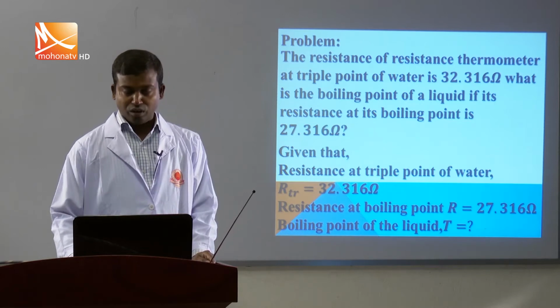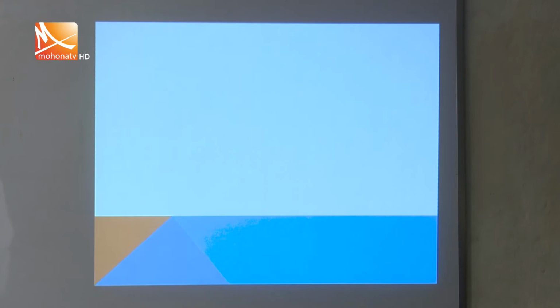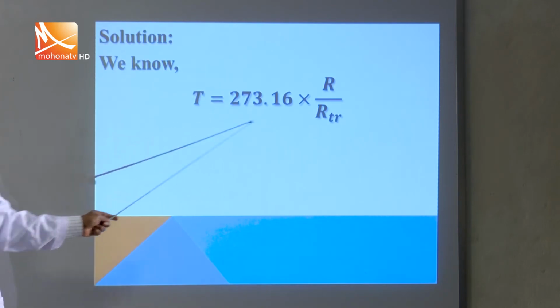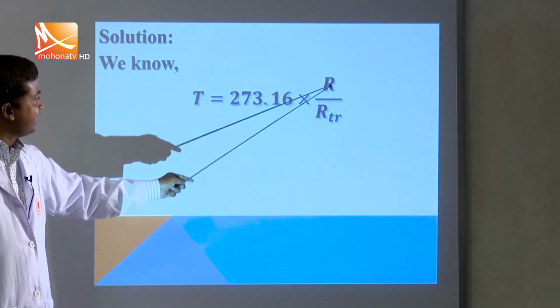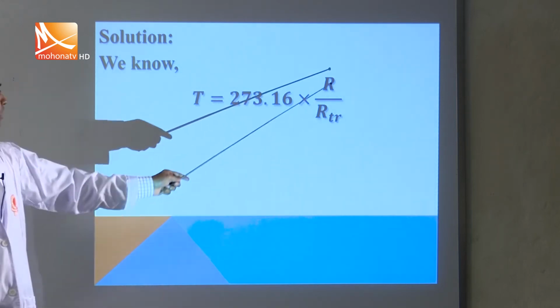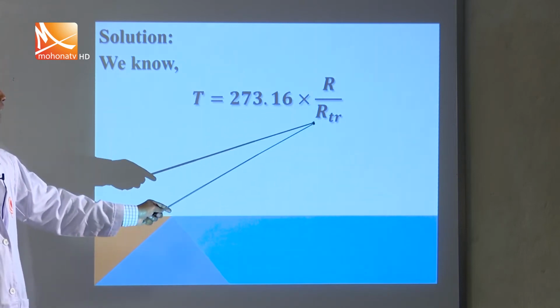Now, very simple for you, if you see the solution, this is the required formula that we have learned earlier. Here T and T_Tr, this is x and xTr. In this case, my dear student, the thermometric property is resistance. So T equals 273.16 R by R_Tr.